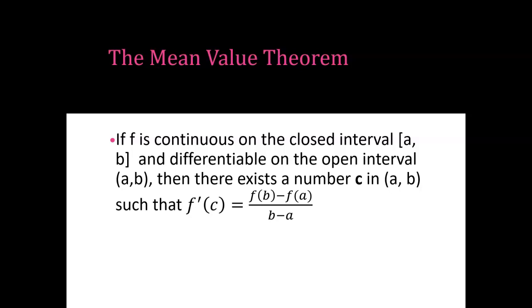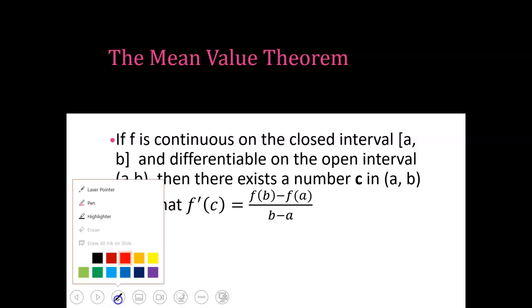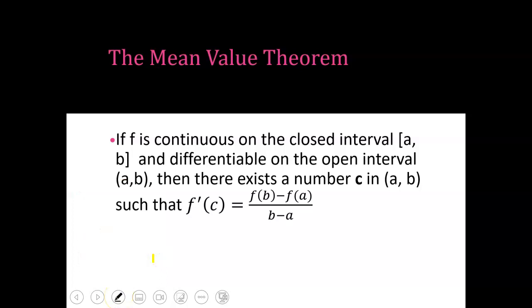So if it is continuous, closed, and differentiable, so it has 3 conditions before you can even use this. Then you are guaranteed that the derivative at a point C is equal to the slope or the average of those values at some point.